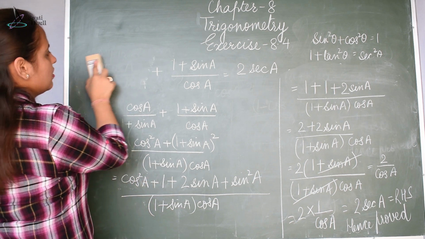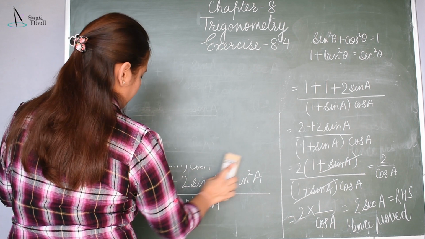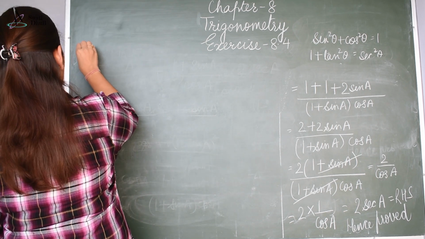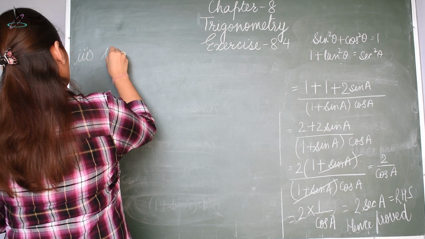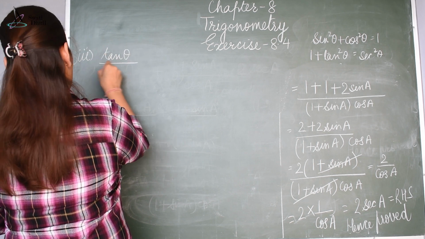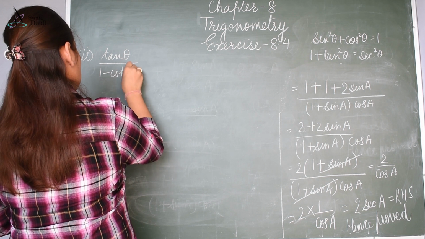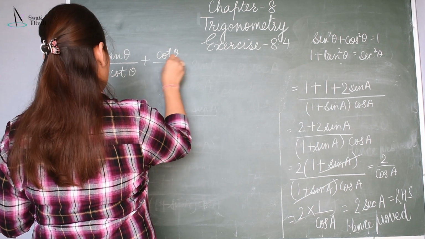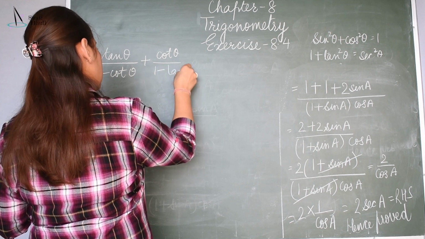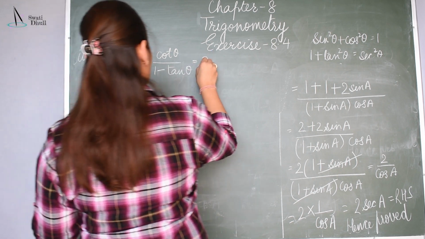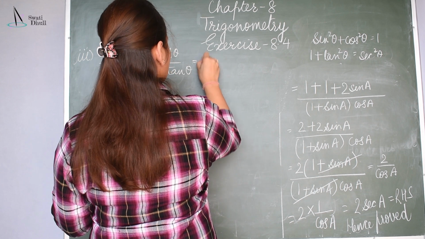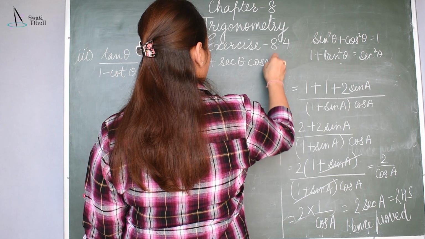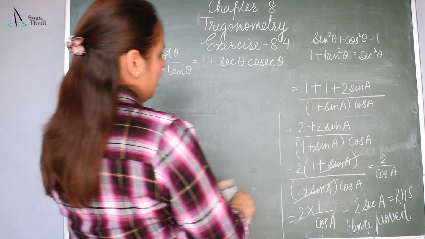Now let's proceed to the third part: tan theta divided by (1 minus cot theta) plus cot theta divided by (1 minus tan theta) is equal to 1 plus secant theta into cosecant theta. Now we have to prove it.